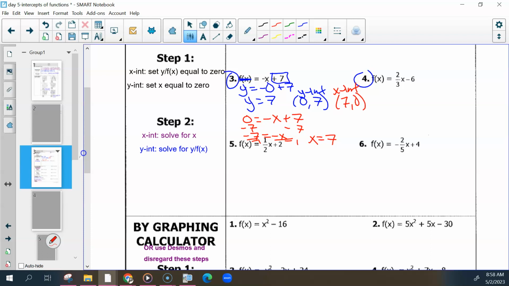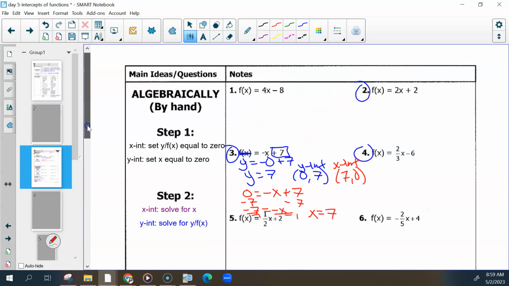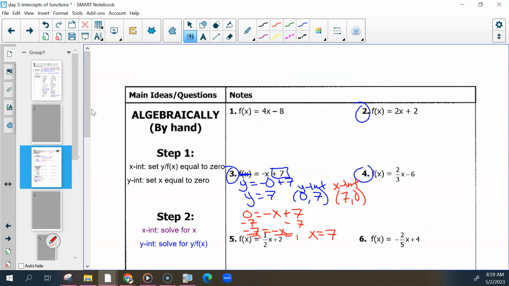Questions on how we find either the x or the y-intercept algebraically in this format? Number 2, we'll do that one and then go back and do 4.